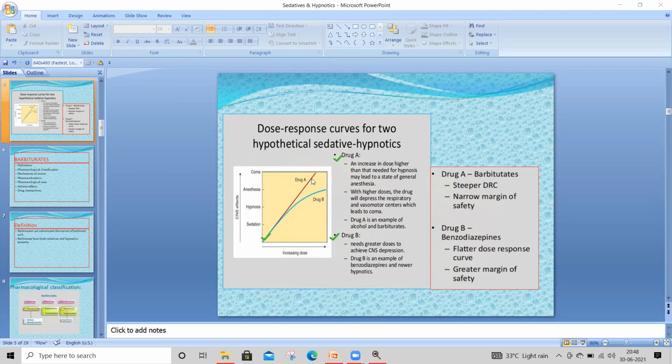If you increase more, then it may lead to coma and death also. And in case of drug B, if you increase the dose, first of all it gives sedation, then it gives hypnosis, then it depresses CNS. So examples of drug A may be barbiturate and alcohol, and an example of drug B is benzodiazepine.